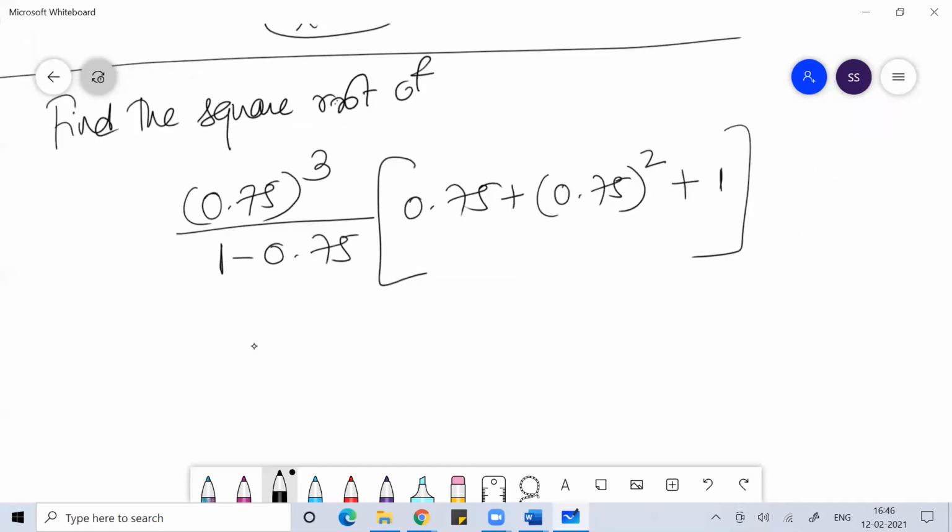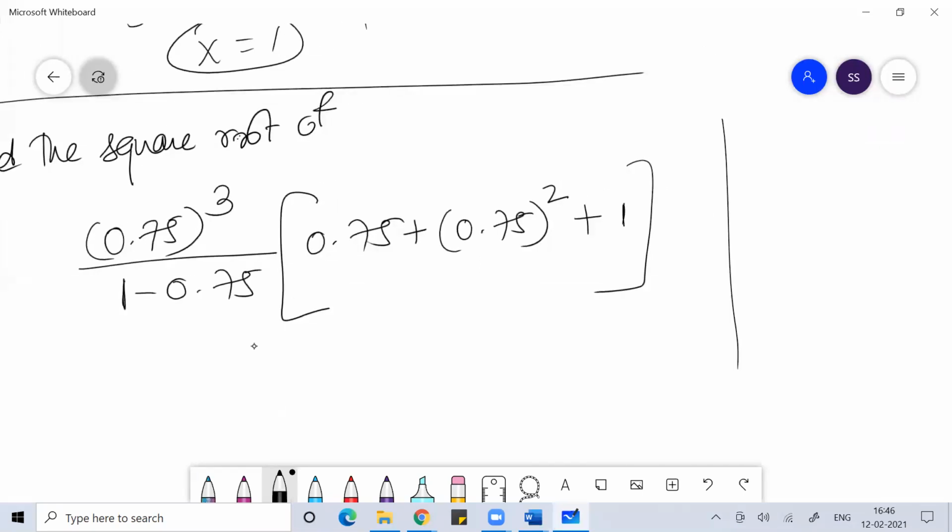I know 0.75 is equal to 3 by 4, and I know 0.25 is 1 by 4.